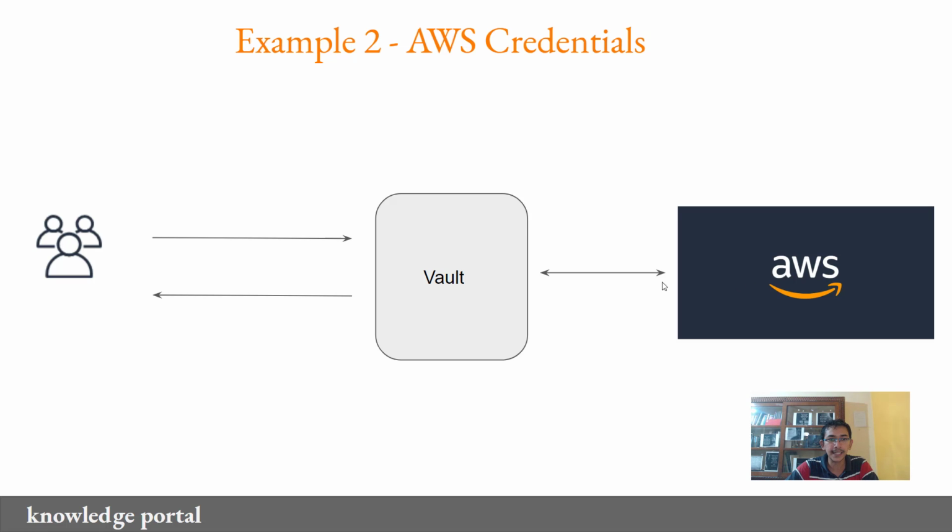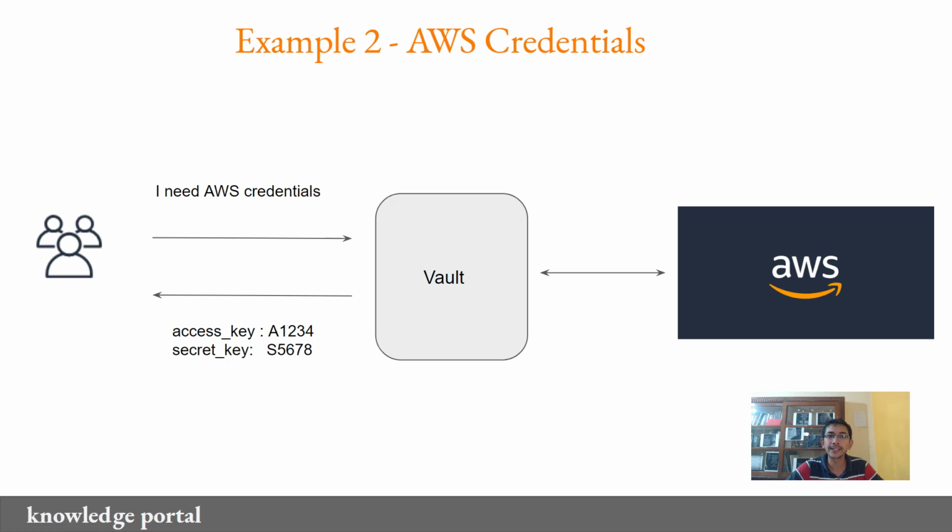In this kind of use case, the developer will send a request to generate his or her own AWS credentials. Vault in turn will be integrated with AWS, and if things are proper, then Vault will send back the access key as well as the secret key to the developer, which the developer will be able to use for his testing code. Great, so this is what dynamic secrets are.